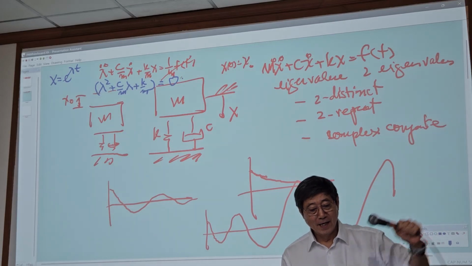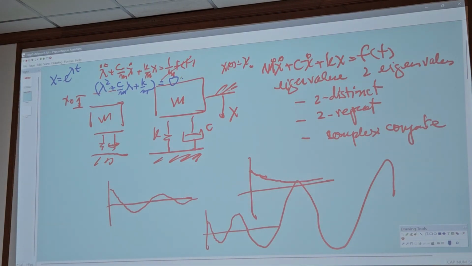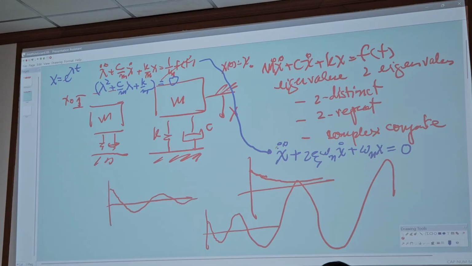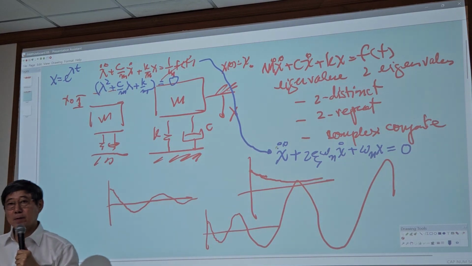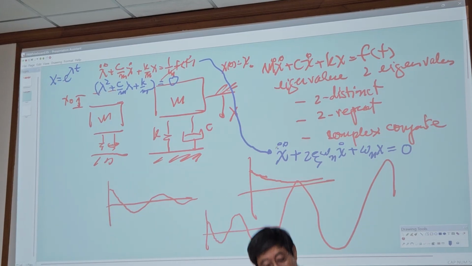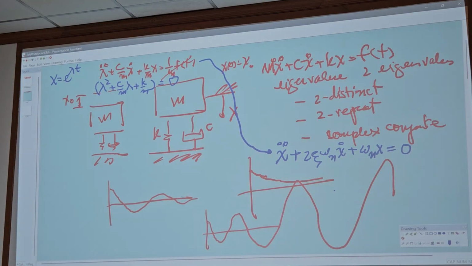But if I convert this one to this one, X double dot, X dot, X, you have the damping ratio factor.